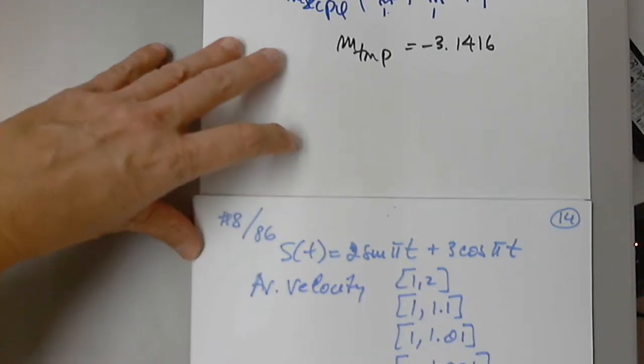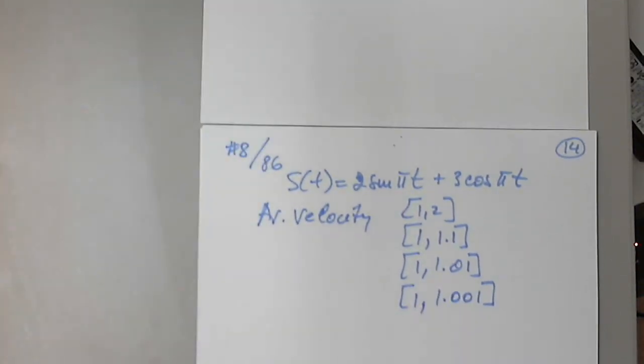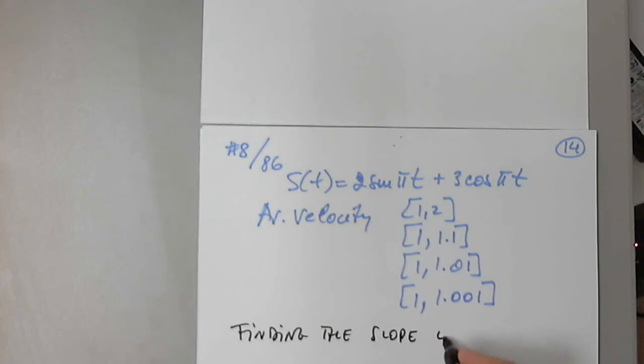I need to write this with you. Finding the slope of a secant line is identical to finding the average velocity.